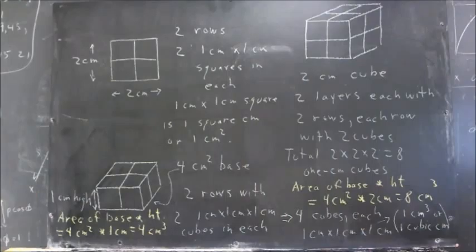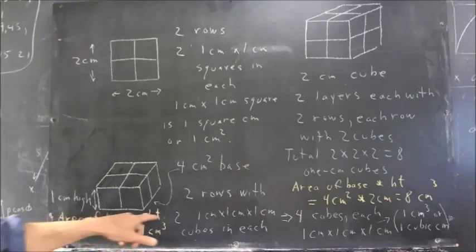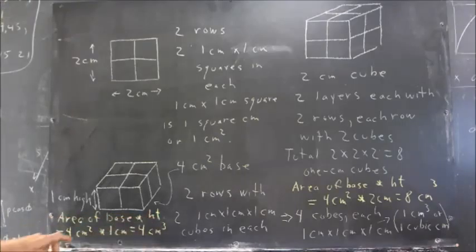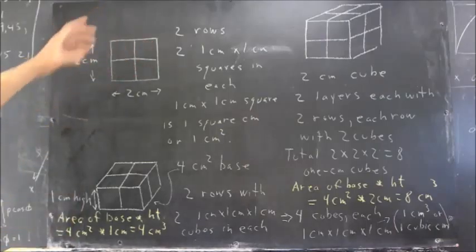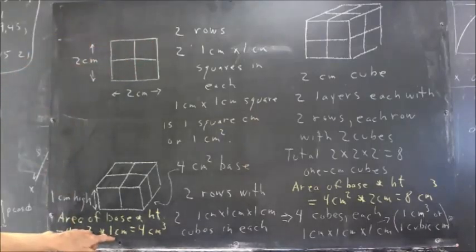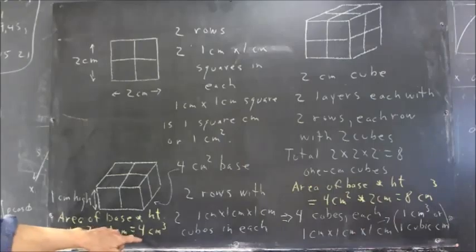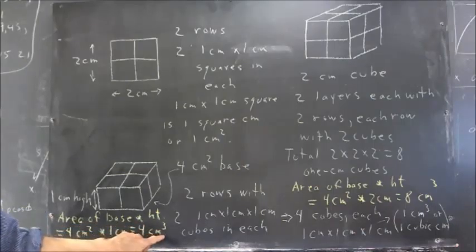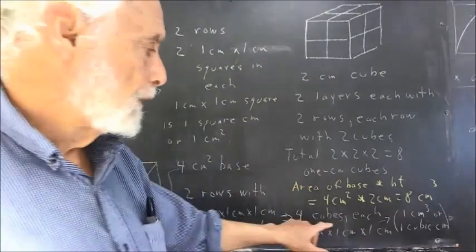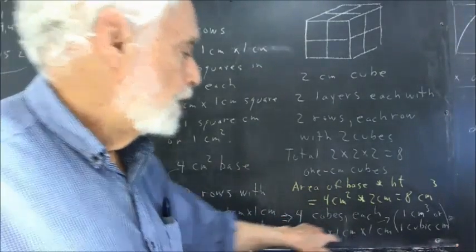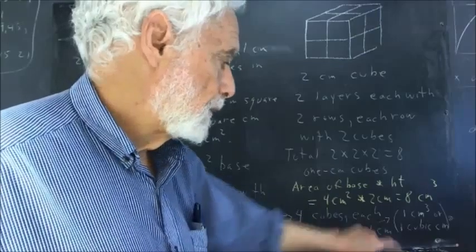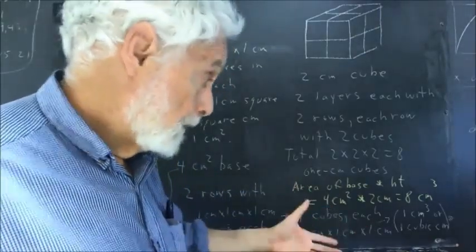Okay, so we can relate this to the area of the base, of course. The area of the base multiplied by the height of this thing is, well, the area of the base is this. That's a 4 centimeter squared area. We multiply that by 1 centimeter, and we get 4 centimeters cubed. So we get the same thing here as we had over here when we said we had 4 cubes each of 1 centimeter by 1 centimeter by 1 centimeter dimensions.